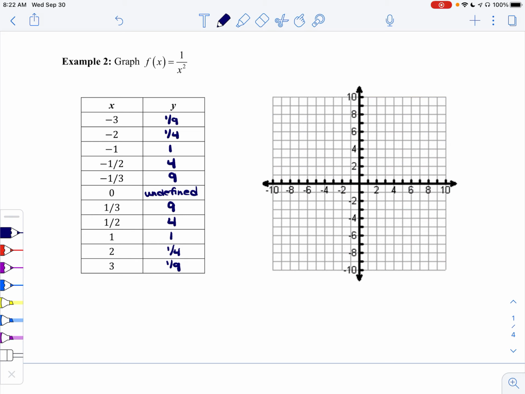So let's go ahead and plot these. Something like that. It's undefined at x equals 0, so we don't plot anything there. And then same thing on the right-hand side for our positive values.